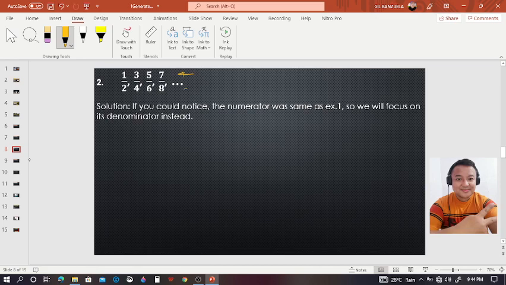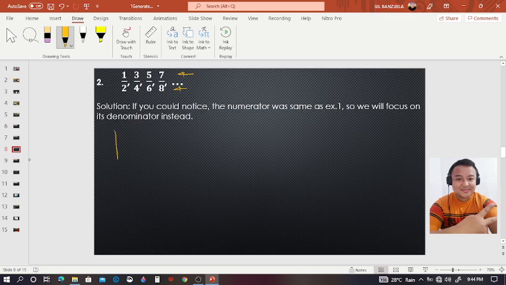And dito sa denominator din natin, hindi rin pare-pareho. So gagawin natin sila ng bukod muna for a while, then we are going to combine. So gagawa tayo ng dalawang table of values here. 1, 3, 5, 7, and the other one is 2, 4, 6, 8.